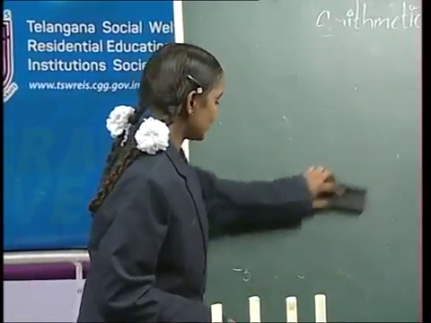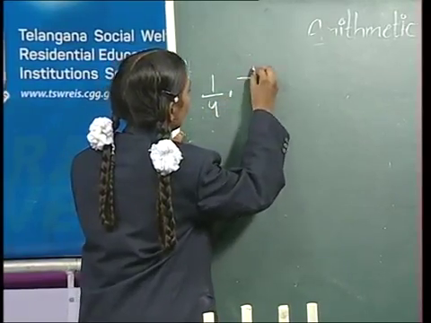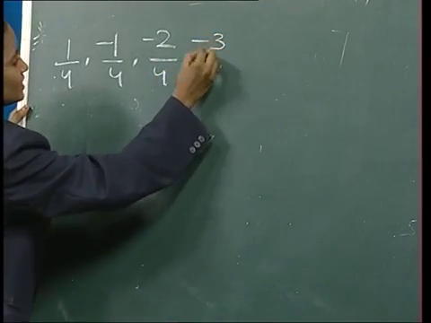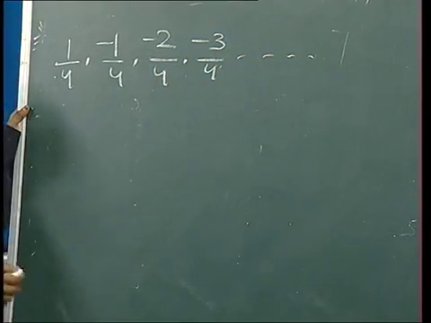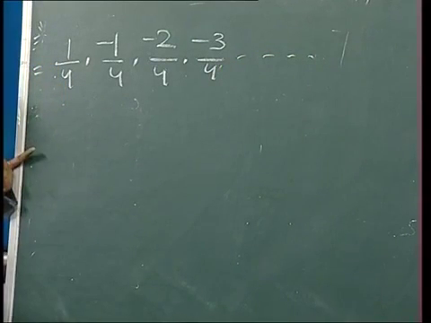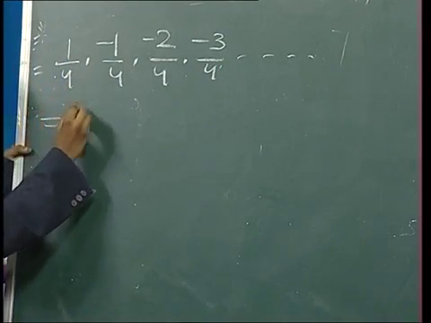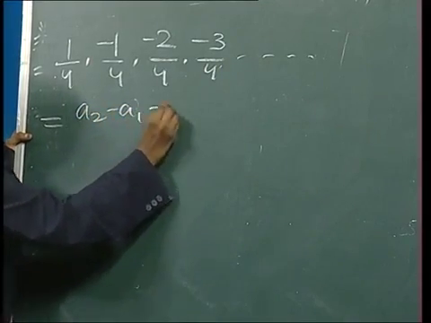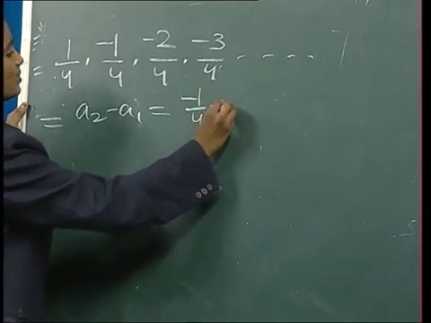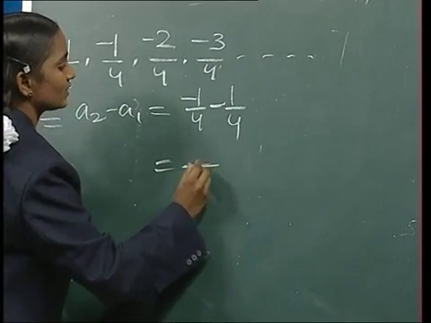Here I am going to give an example of fractions, that is 1 by 4, minus 1 by 4, minus 2 by 4, minus 3 by 4 and so on. First, while we are going to find the nth term or the sum of n terms, we have to subtract the first term from the second term. So a2 minus a1.